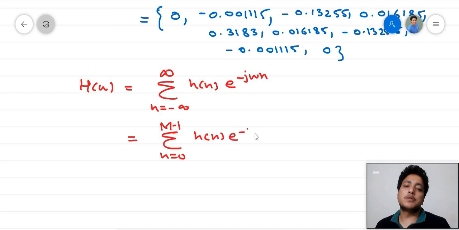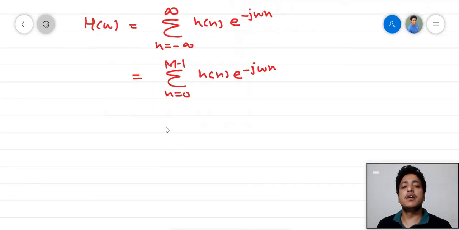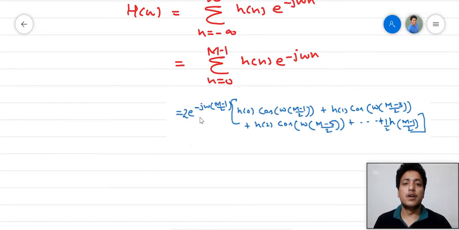Now we will open this complete equation and we'll get an equation in terms of h(n) and exponential minus j omega n, which we have already evaluated in the previous example. So we'll directly use that particular equation here, which is 2 exponential minus j omega (m minus 1) by 2 times h0 cos omega (m minus 1) by 2 plus h1 cos omega (m minus 3) by 2 plus h2 cos omega (m minus 5) by 2 plus and so on, plus 1 by 2 h((m minus 1) by 2).